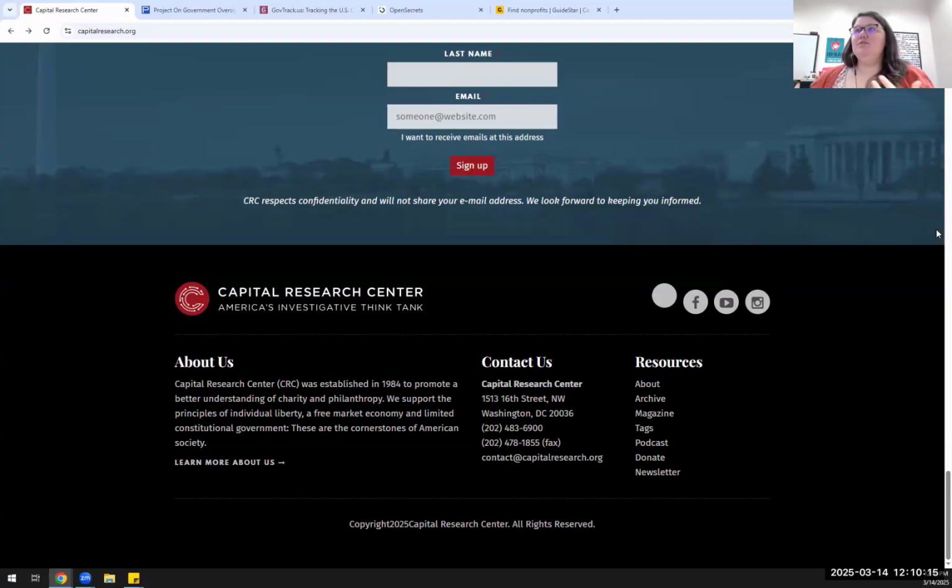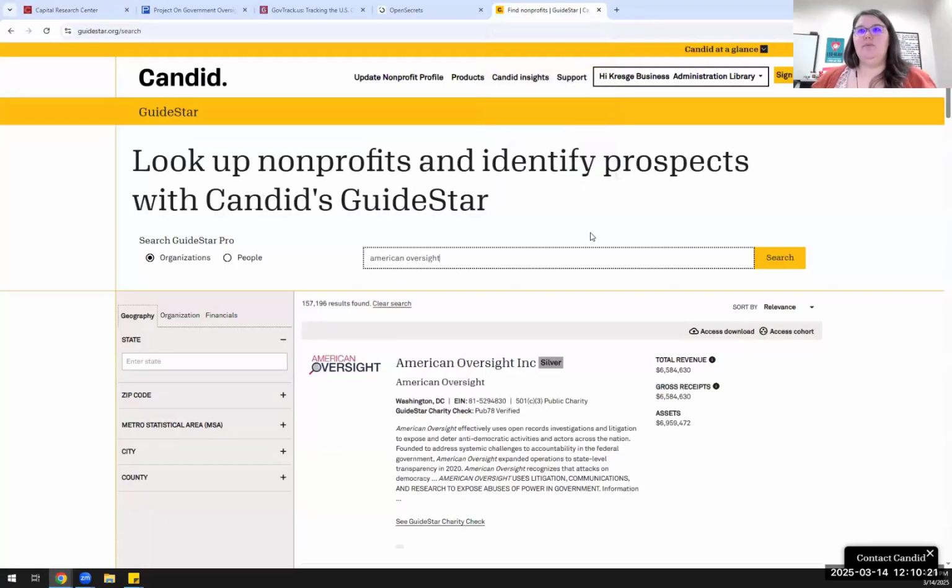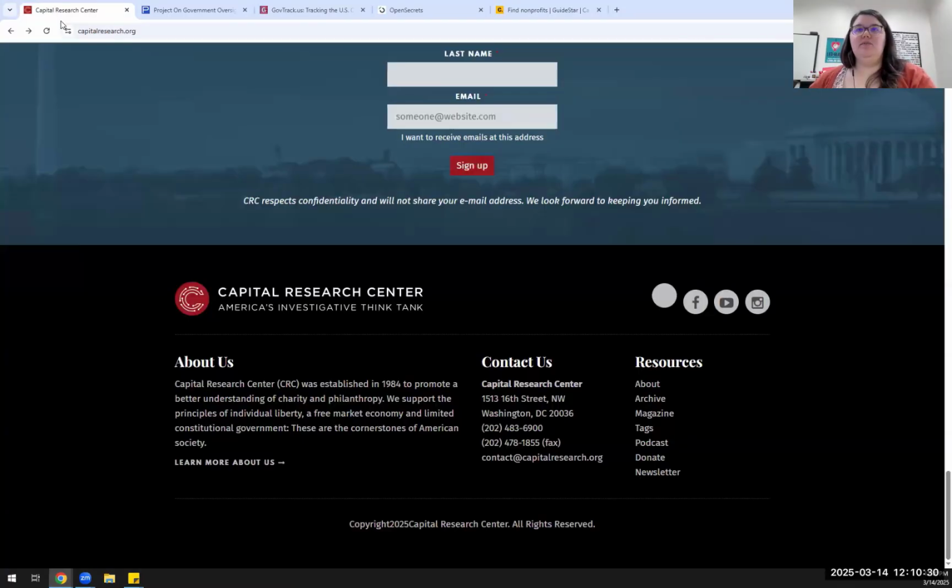But if we look at other sources, if we go into a place like GuideStar, which is a database that we have through the University of Michigan-Flint, we can actually look up nonprofits here. So we do see that Capital Research Center is a 501(c), I think.